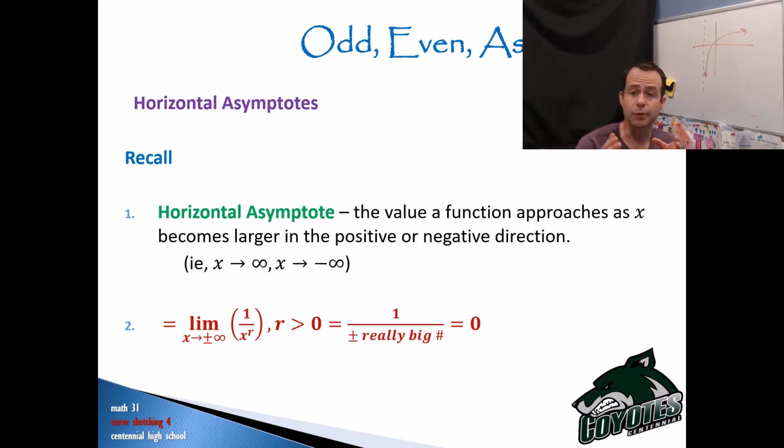The other way to look at it would be 1 over a really, really big number. If you think of what happens if I put 1 billion in for x right now, what's happening to this overall function? So whenever we have 1 over x to the r, where r is greater than 0, we end up being 0.